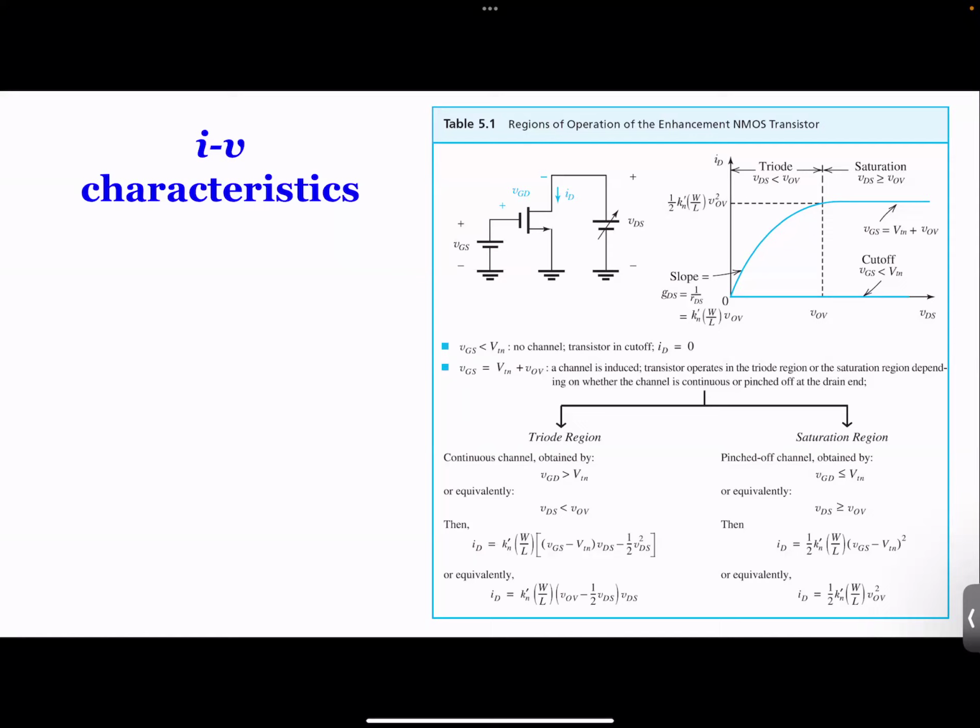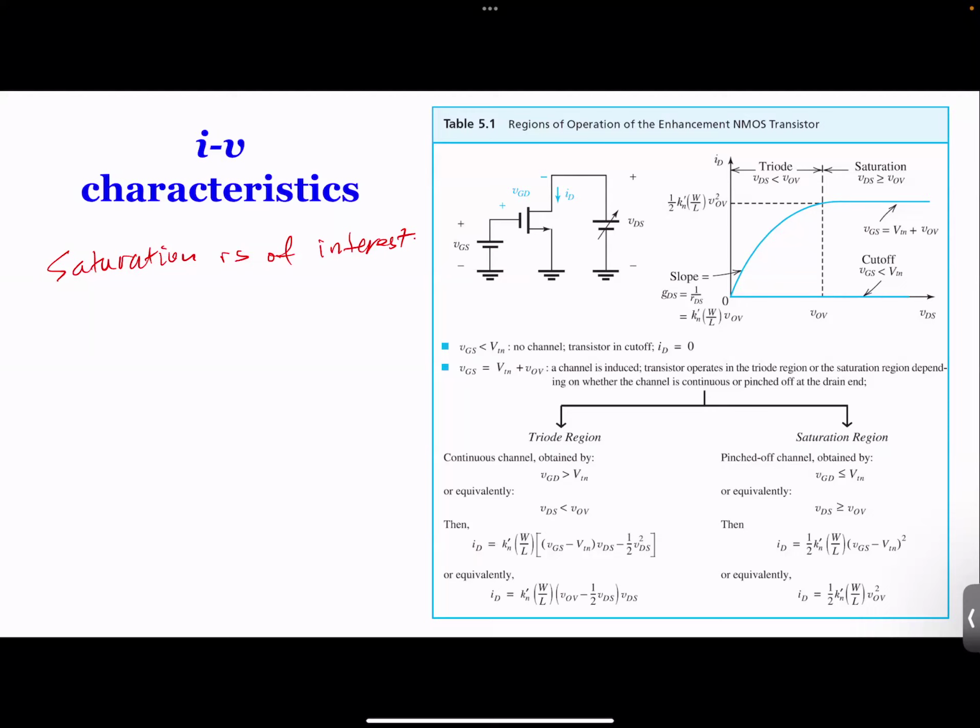For the interest of E330 and 430, we are mostly interested in the saturation region. But sometimes we have to determine whether the device is in saturation or in triode.